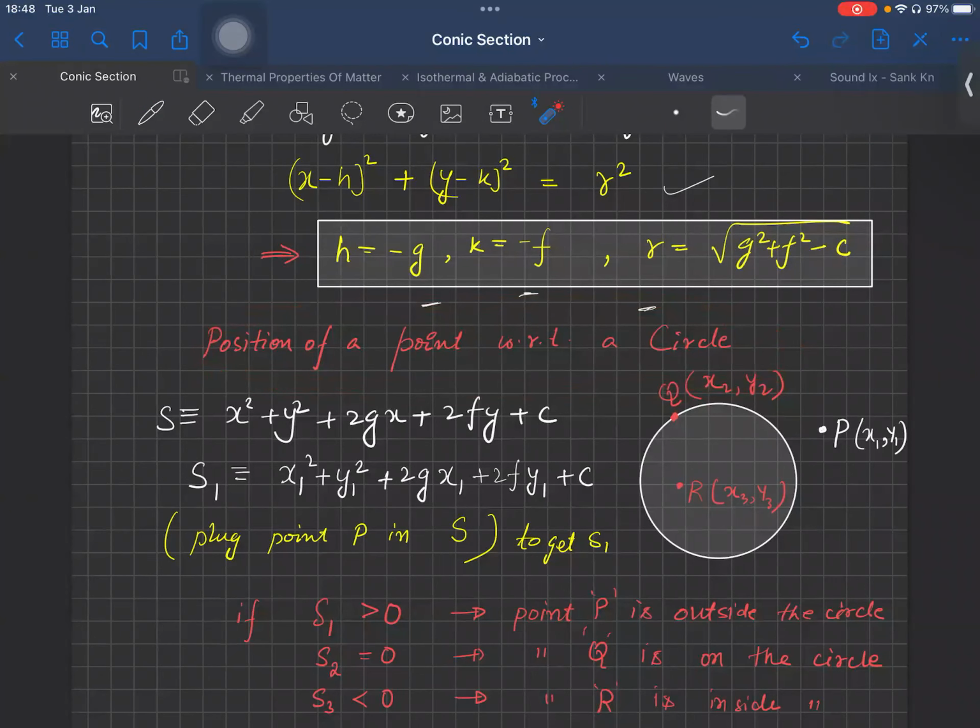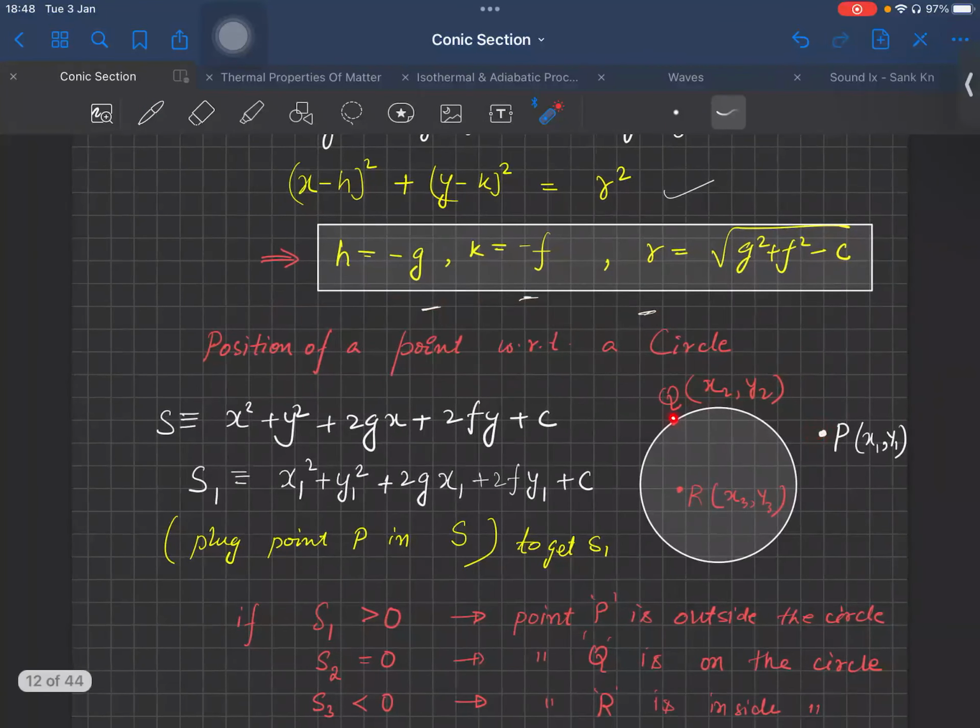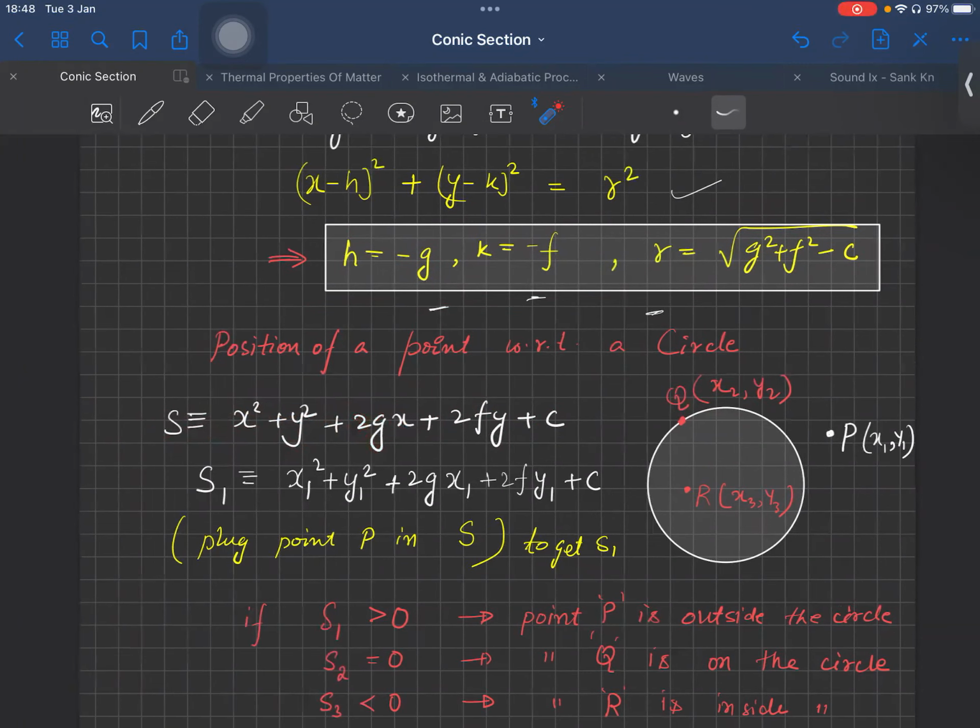See, there are 3 points: P, Q, and R. This is the general equation of a circle: x square plus y square plus 2gx plus 2fy plus a constant c, where radius is equal to square root of g square plus f square minus c, and h is equal to minus g, k is equal to minus f.